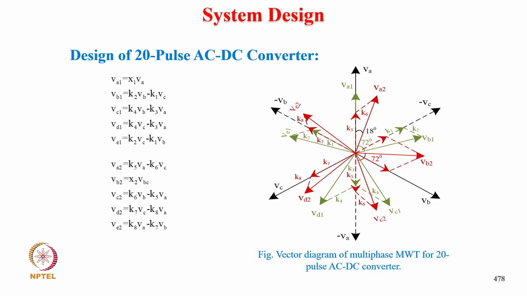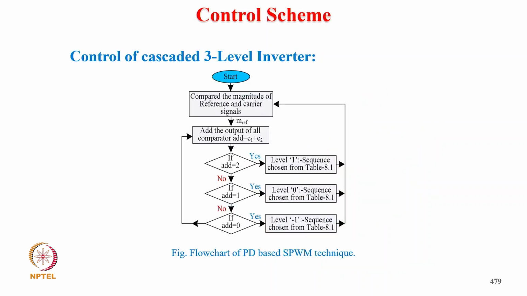Similarly, VA2 equals K5 VA minus K6 VC, VB2 equals K2 VB, VC2 equals K6 VB minus K5 VA, VD2 equals K7 VC minus K8 VA, and VE2 equals K8 VA minus K7 VB.